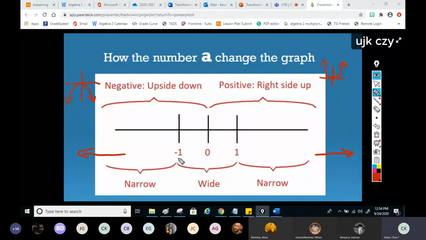And then in between -1 and +1, your graph is going to become wider. The closer it is to 0, the wider the graph is going to become.